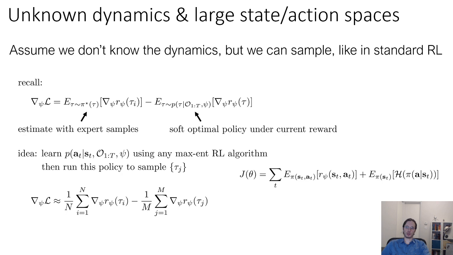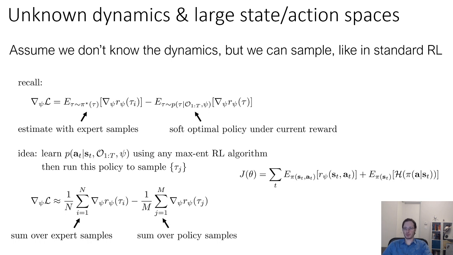And then we would take the trajectories tau_i from the expert, and we would use those to estimate the first expected value, and then we would use trajectories tau_j from this maxent optimal policy to estimate the second term. Now, this would actually be a viable way to perform approximate maxent IRL. However, it would require running maxent RL, the corresponding forward problem, to convergence for every gradient step on the reward function. And that actually is pretty difficult.